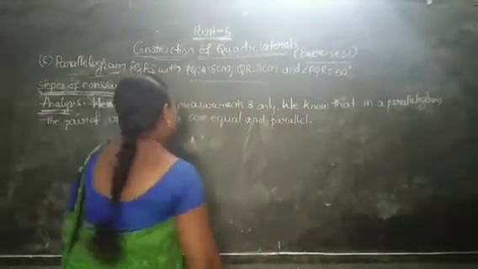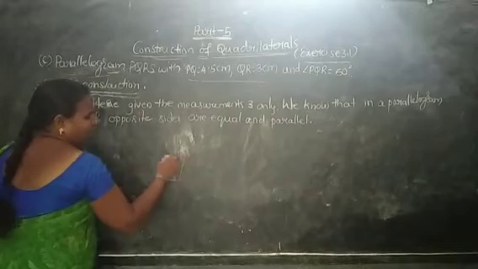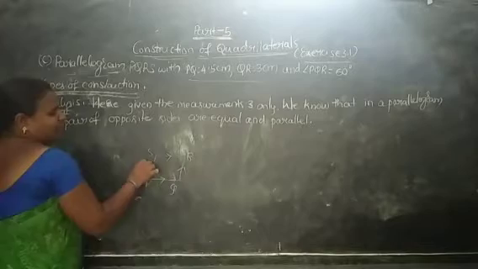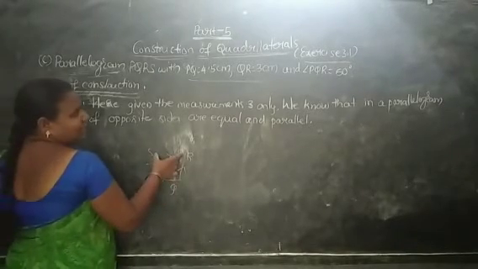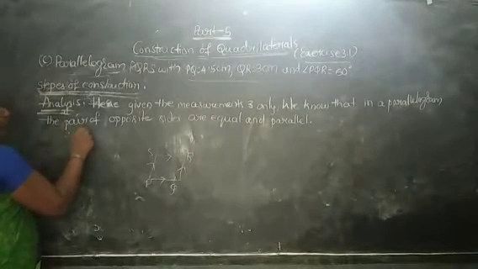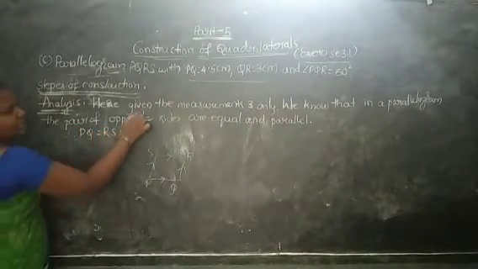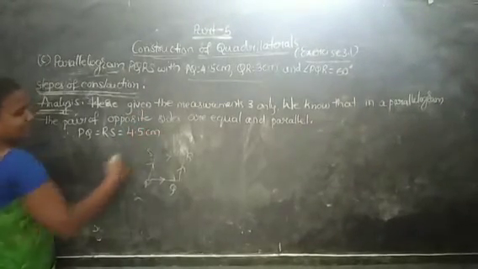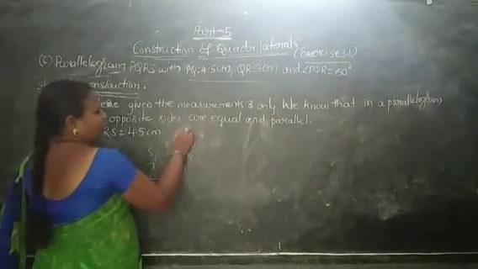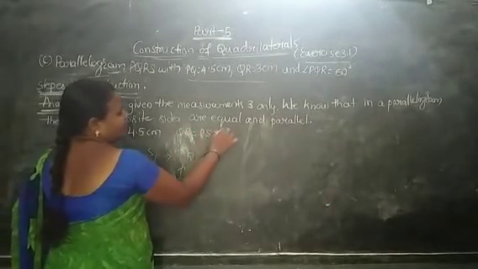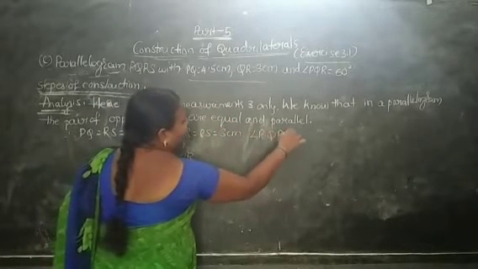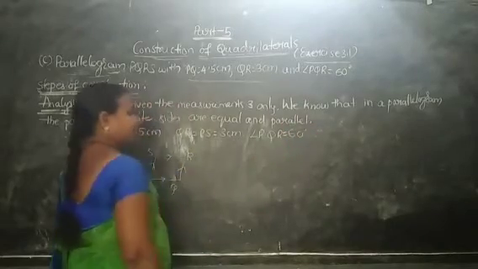So what we can say? Therefore, if PQRS is a parallelogram, PQ is equal to RS is equal to 4.5 centimeters, and QR is equal to PS is equal to 3 centimeters, and angle PQR is 60 degrees.